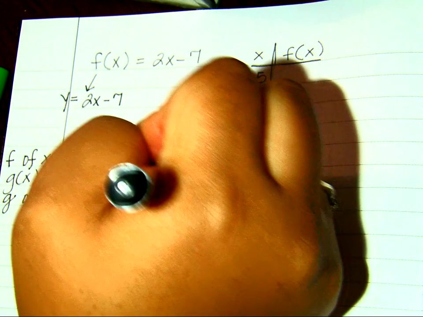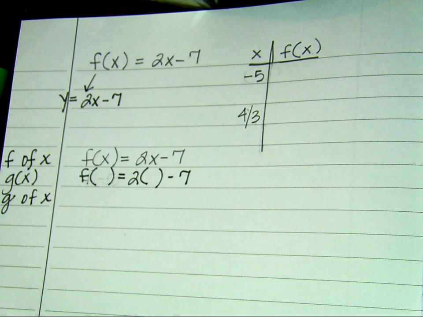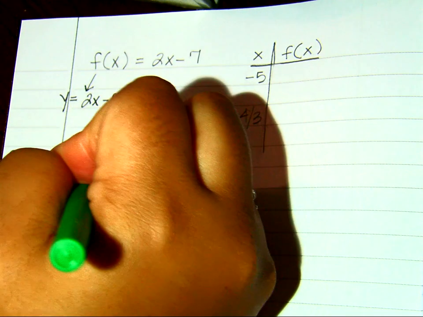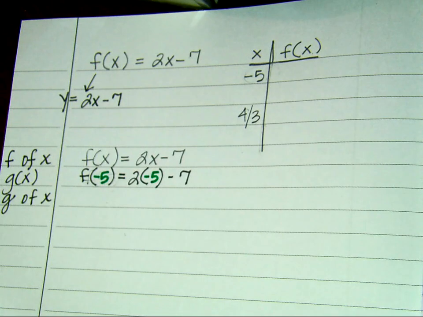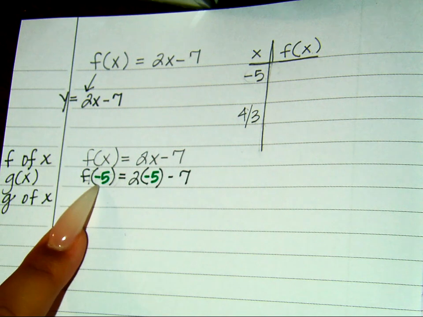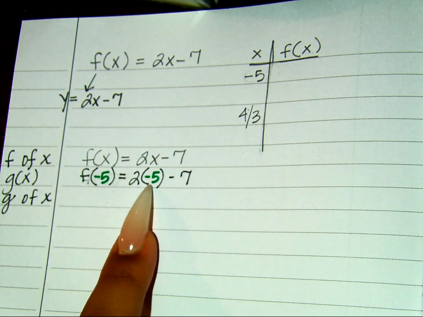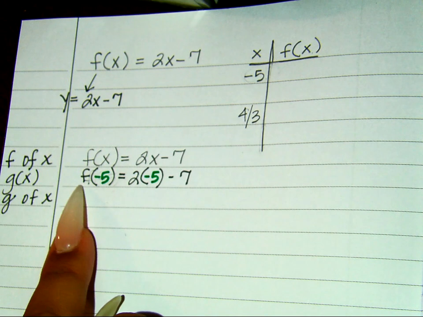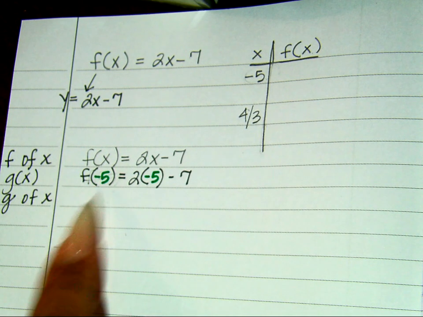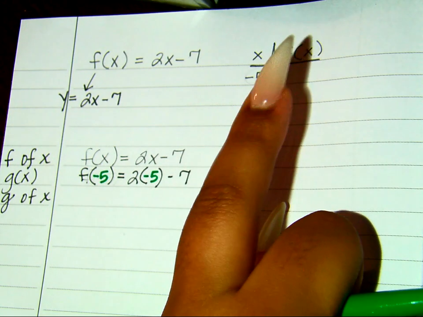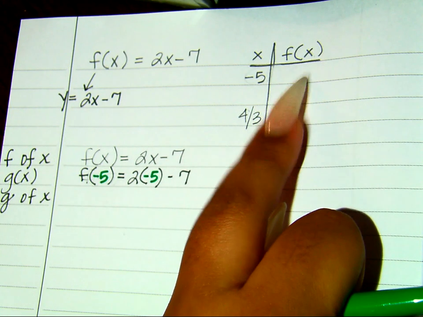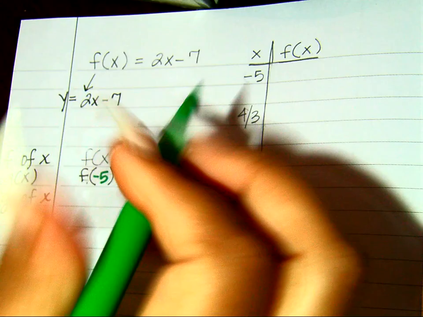And remember, we are putting parentheses around the numbers that we're substituting. So we're going to put -5 here and -5 here. I put -5 there because that is where x goes and that is where x goes here. So this says the function of -5, and we're trying to see what value it would give us here.